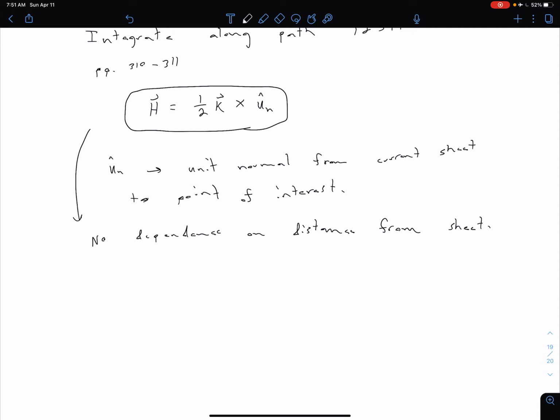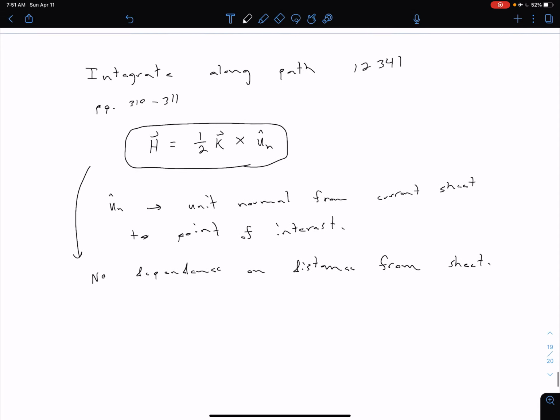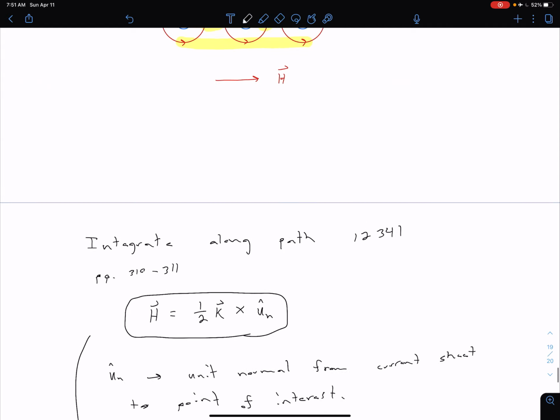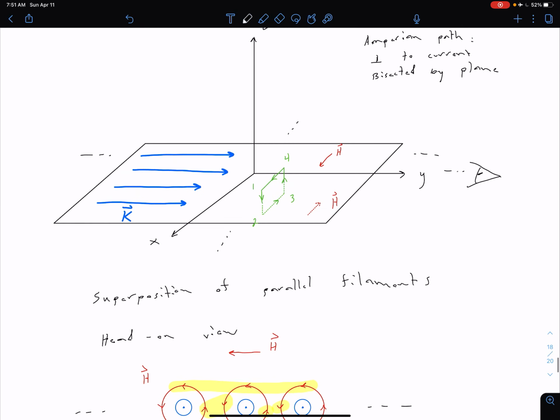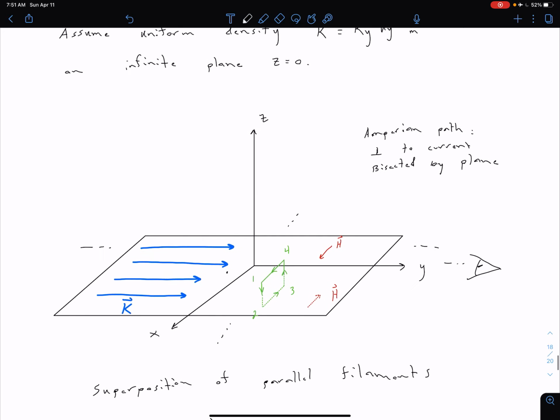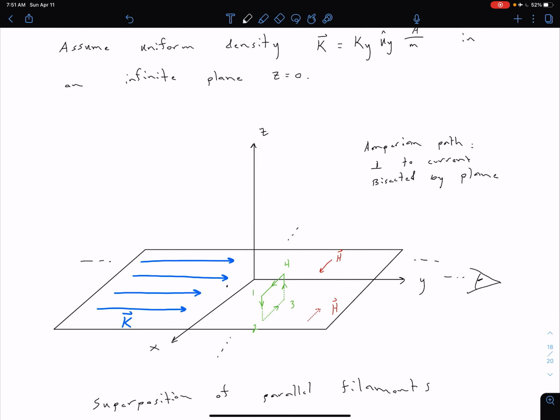And so what that's telling us is that, in theory, if we had this actual infinite plane of current, we could be 1 millimeter above the plane and we would be experiencing the same magnetic field intensity as if we were 1,000,000 meters above the plane. Now, obviously that's not physically practical because we don't have an infinite current sheet, but if we did, that is what we would observe.